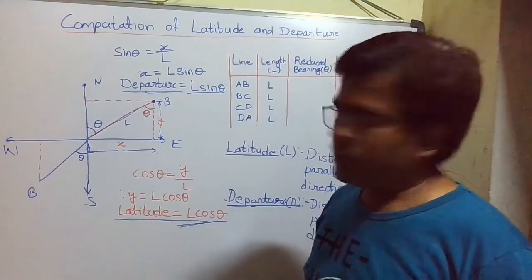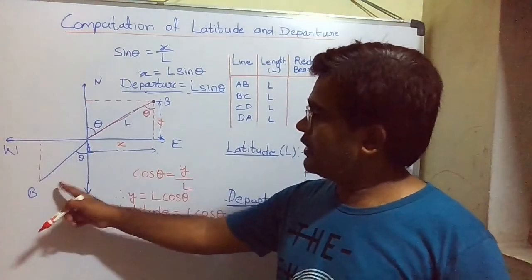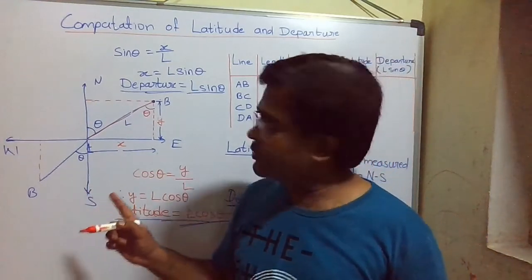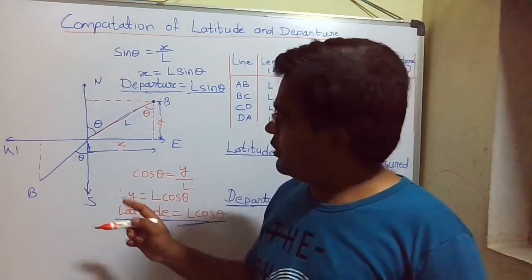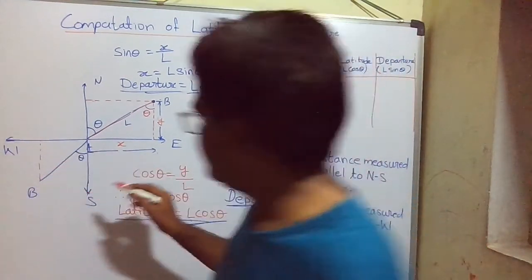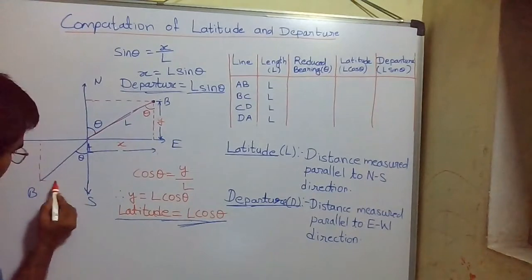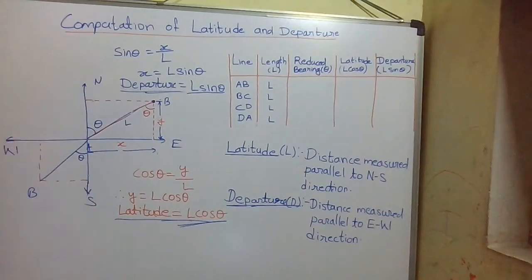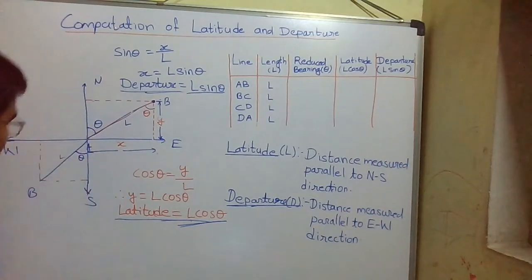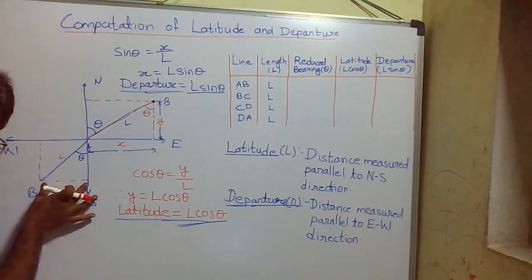Now, what is the departure of this line? It is the distance measured parallel to the east-west direction, that is this distance. Suppose the length of this line is L. What will be this distance?